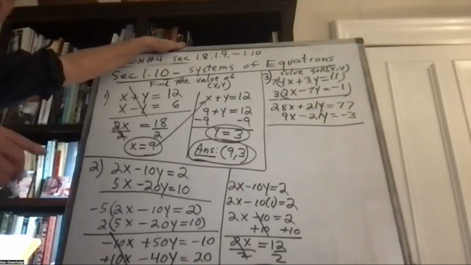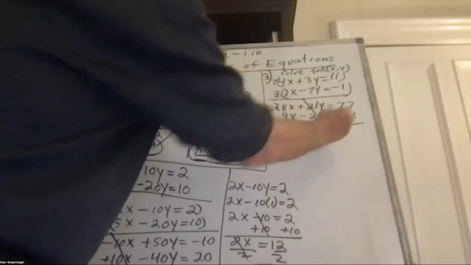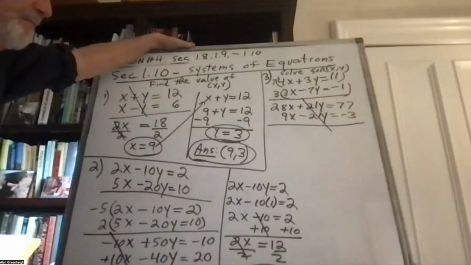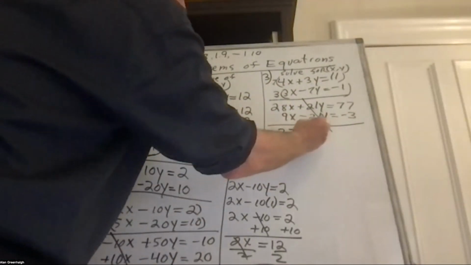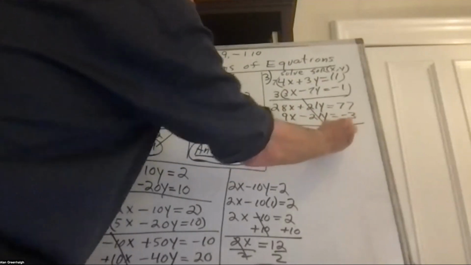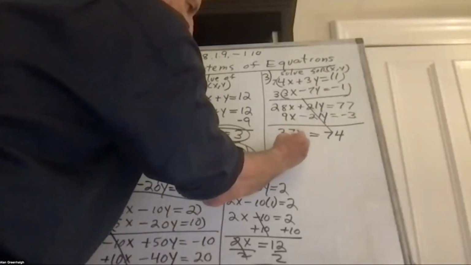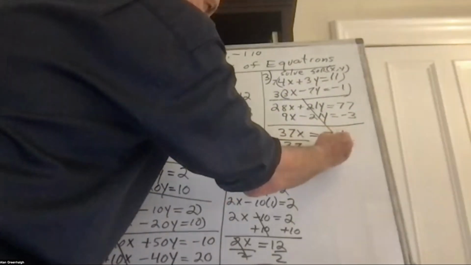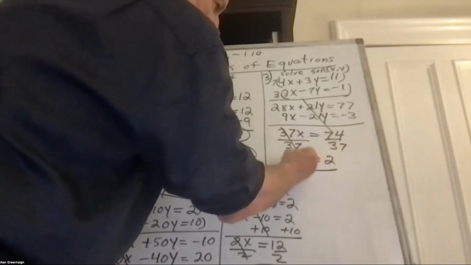And what this does is when you add the two equations, the 21s drop out, and you wind up with 37x is equal to 74. And when you divide by 37, x would be equal to 2.